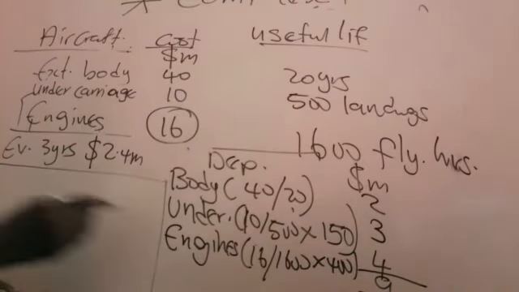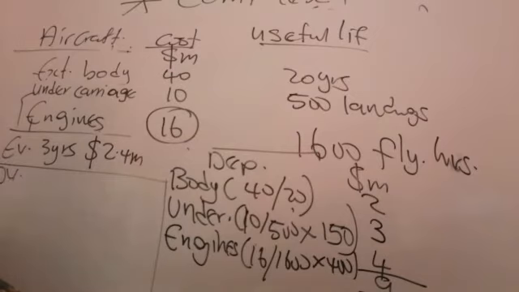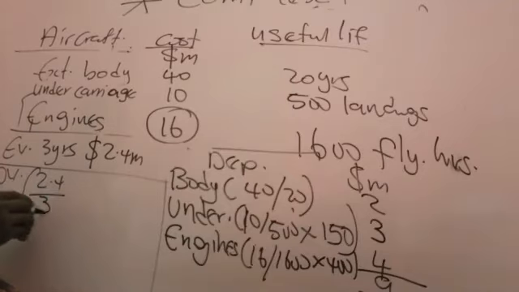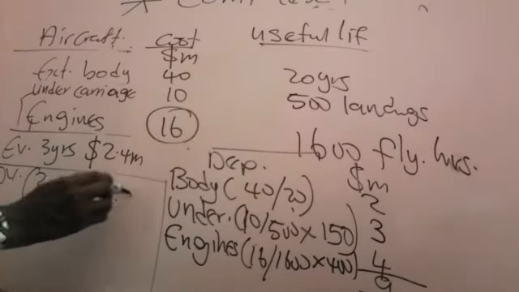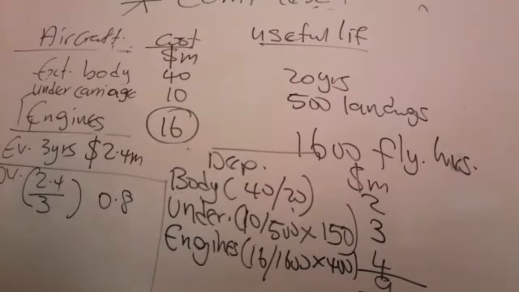So if I continue here, I'll open a bracket, 2.4 divided by 3. 2.4 divided by 3 will give us 0.8 million. So it means that 0.8 million will be the depreciation charge.